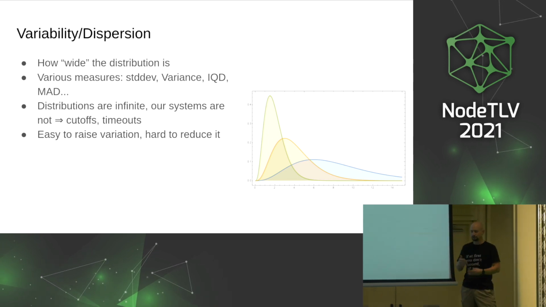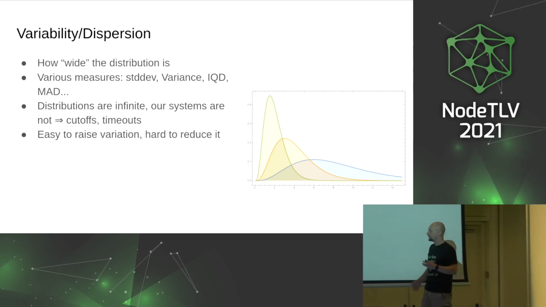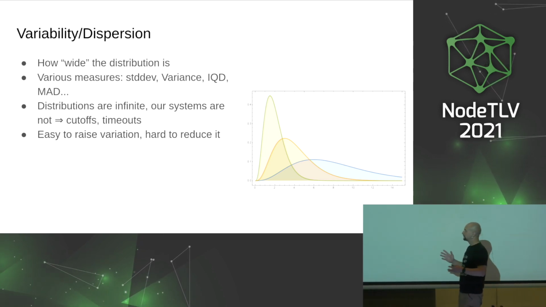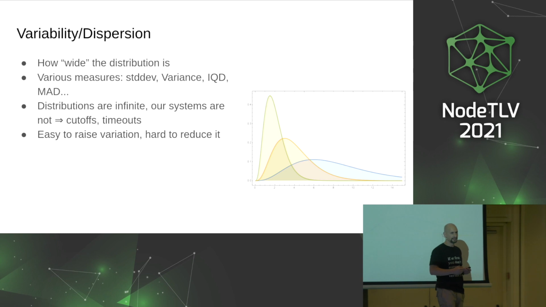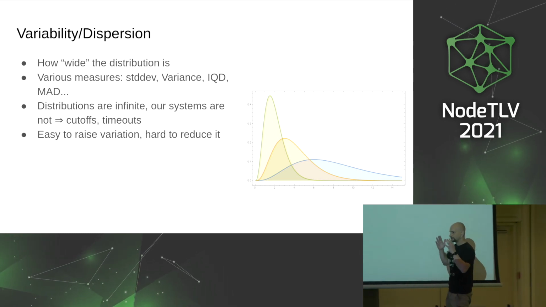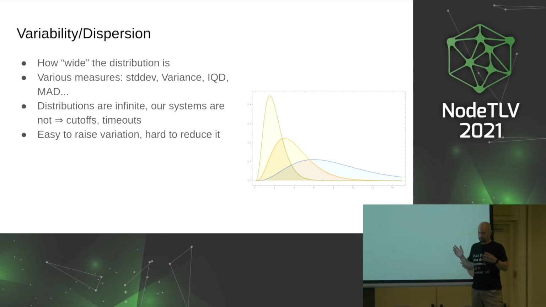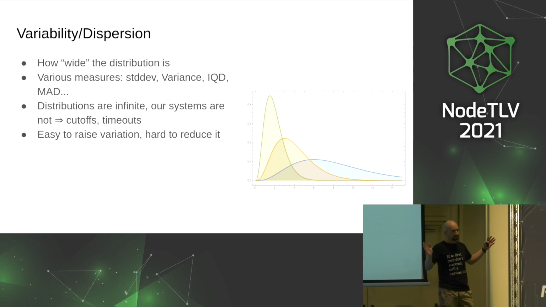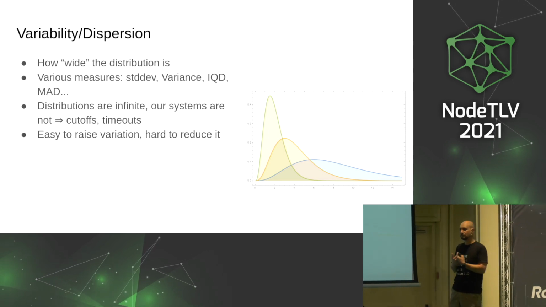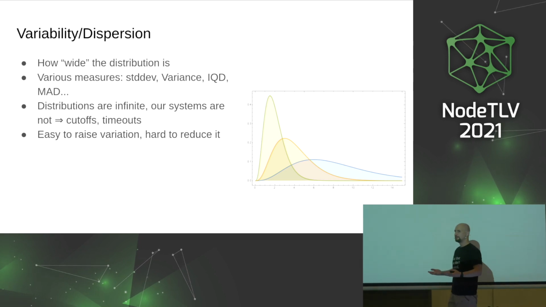Because it doesn't capture the variation, or how wide the distribution is. And think about variation. There's a lot of metrics for this. The known ones are standard deviation or variance. There are other ones like interquartile distance or mean average deviation. It doesn't really matter which one you use. They're good for different things. But the point is that the width of the distribution really, really matters. And we'll talk about that in a bit.